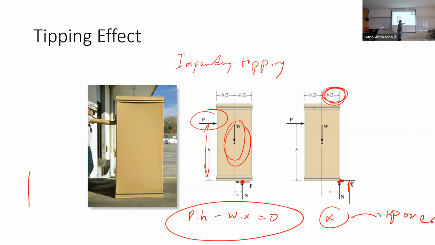We just need to use sigma moment at this particular location. We have X value there. We know P and W. Then, based on P and W, we will know the value of X. If the value of X exceeds this particular point, it means the location of the normal and friction force is outside of the edge.